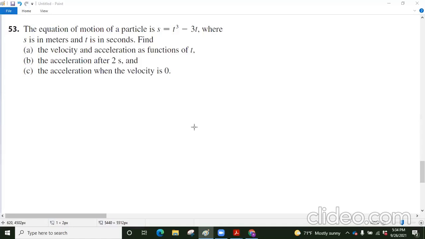So this is the next question here, and it's saying that the equation of motion of a particle is s equals t cubed minus 3t, where s is in meters and t is in seconds.